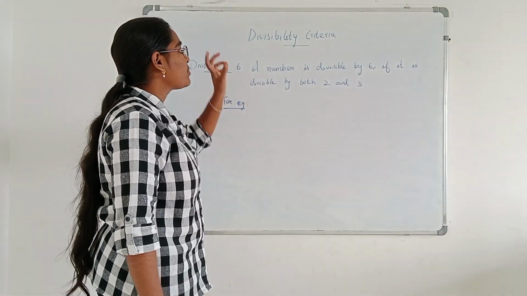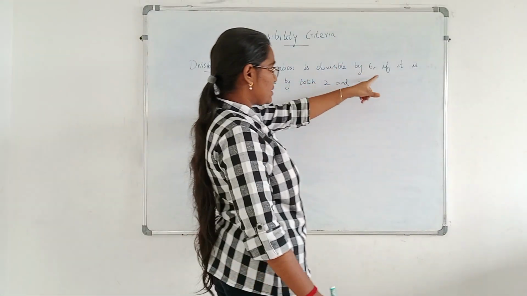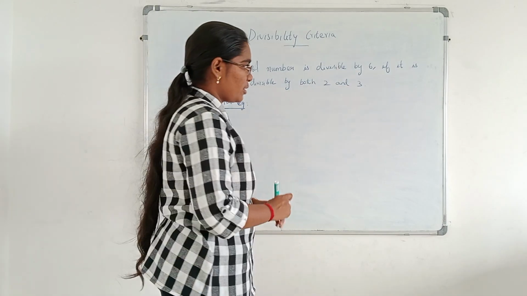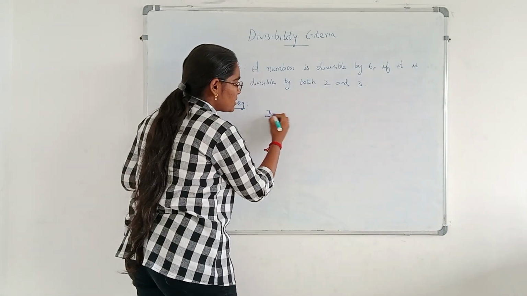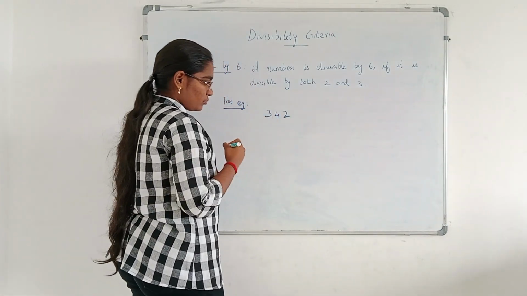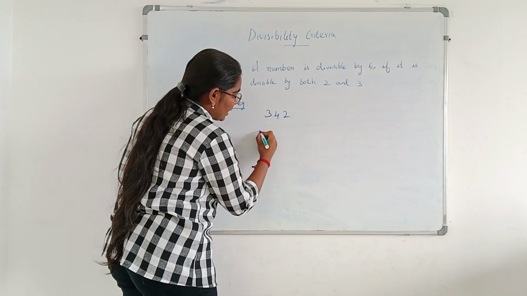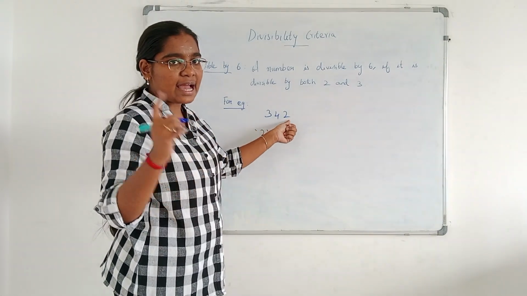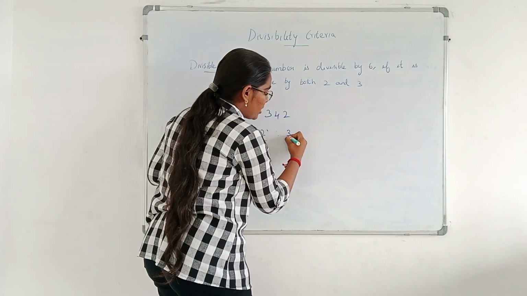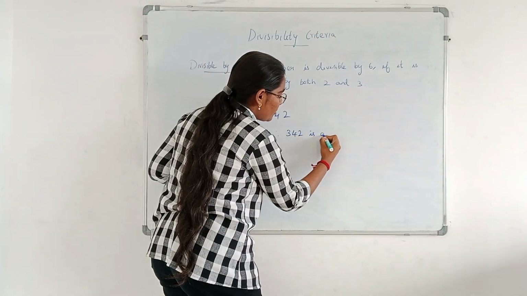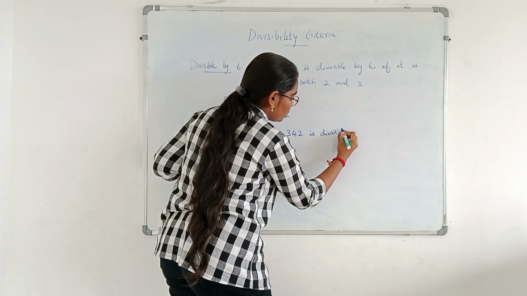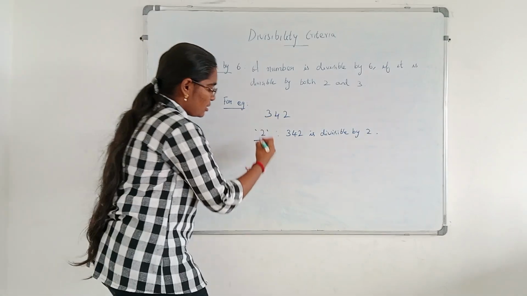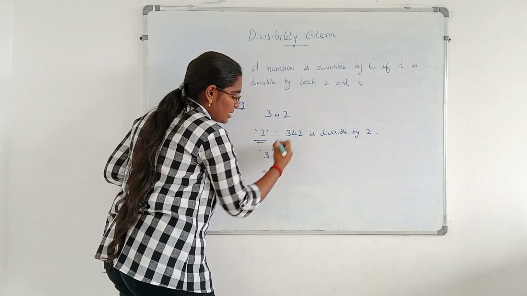Divisible by 6. A number is divisible by 6 if it is divisible by both 2 and 3. For example, consider 342. According to the divisibility criteria of 2, its units place has 2, so 342 is divisible by 2. Next, we have to check whether this number is divisible by 3.